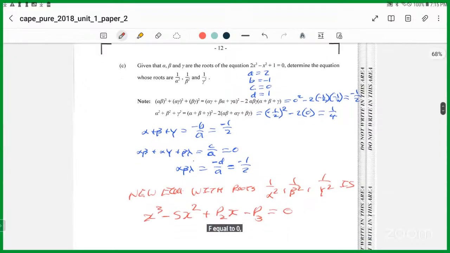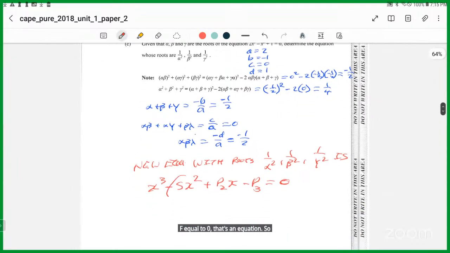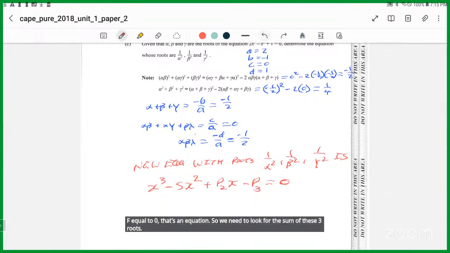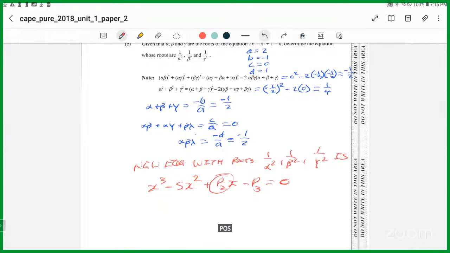That's the equation. So we need to record the sum of these three roots, the pairwise product of these three roots, and the product of these three roots. And no doubt these values will help along the way.